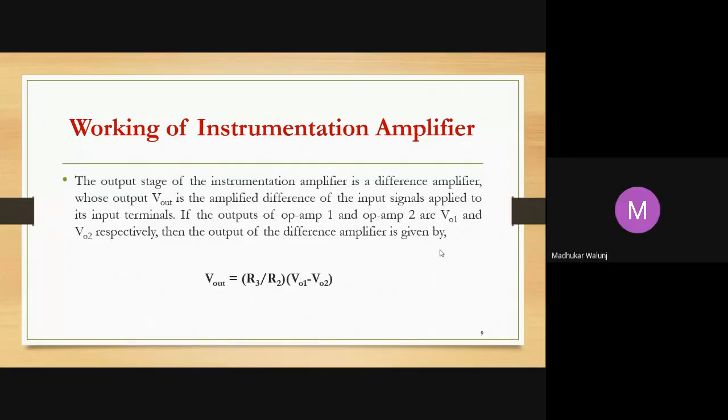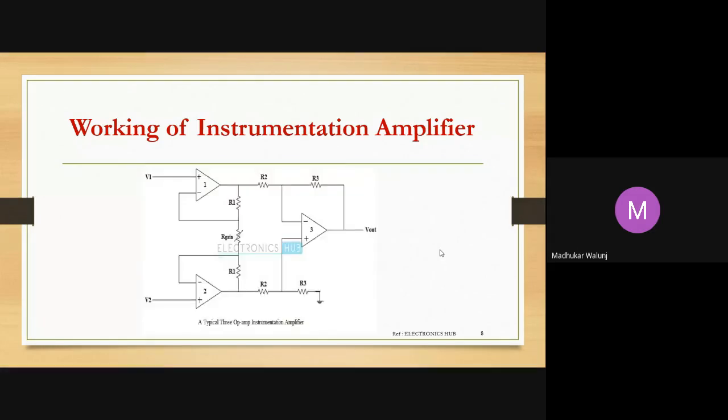Okay, so the output stage of the instrumentation amplifier is the difference amplifier. So the output of the difference amplifier will be VO1 minus VO2. I have already told you that VO1 is the output of the first operational amplifier, due to V1, and VO2 will be the output of the second operational amplifier, due to V2.